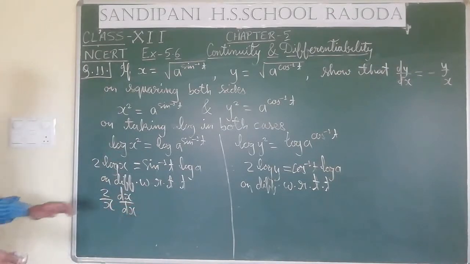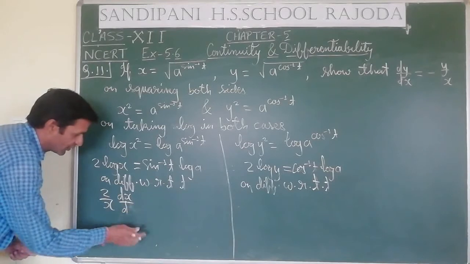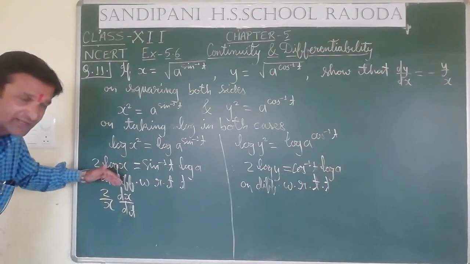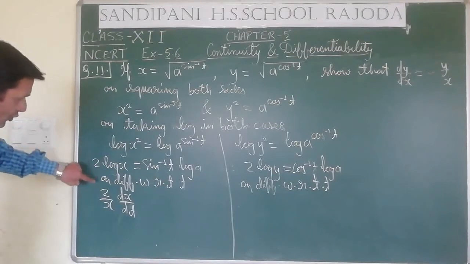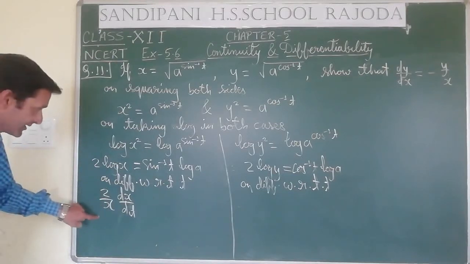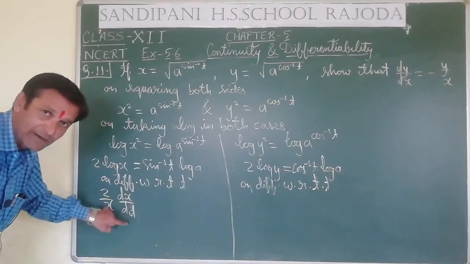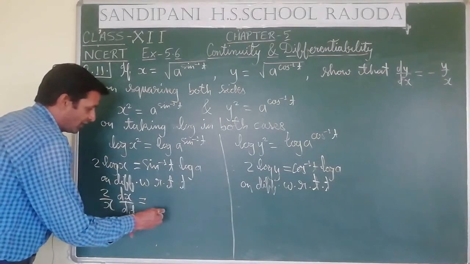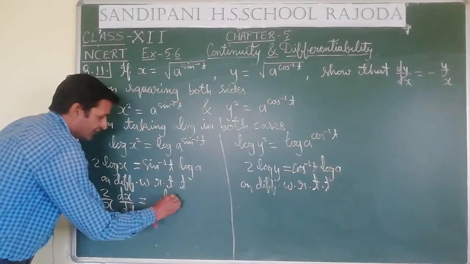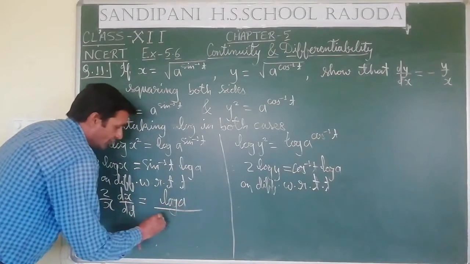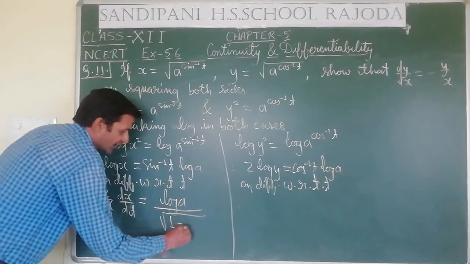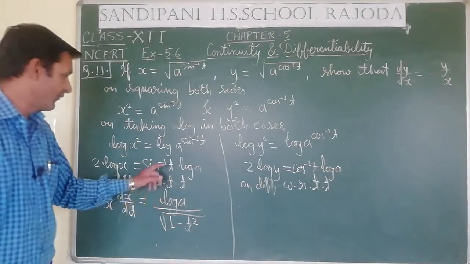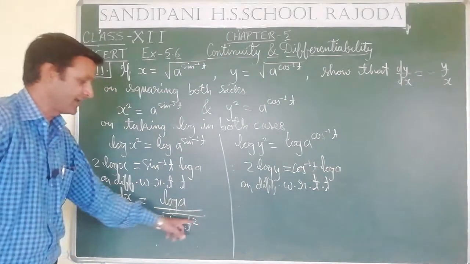Differentiation of log x is 1 by x, here it is 2, so 2 into 1 by x, that is 2 by x, and differentiation of x with respect to t is dx by dt. So here it will become log a, which is constant, upon root 1 minus t square, because differentiation of sin inverse t is 1 upon root 1 minus t square.